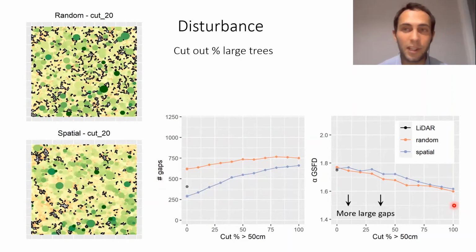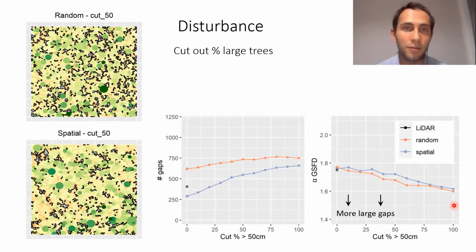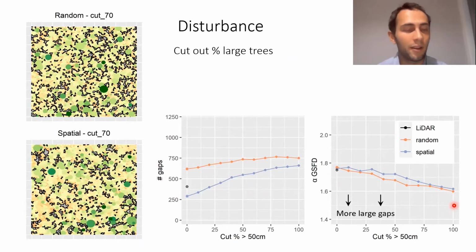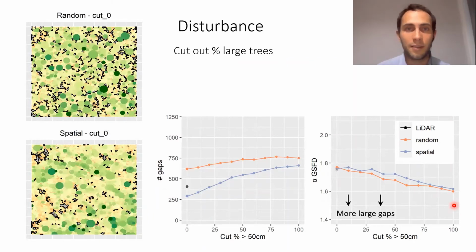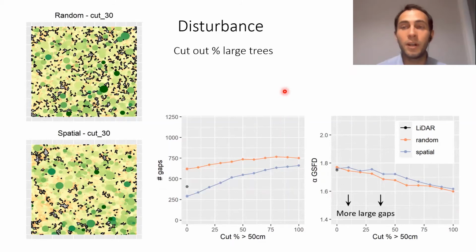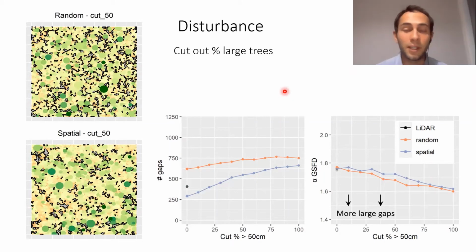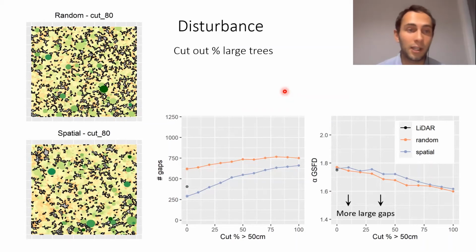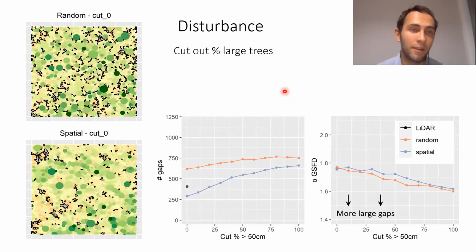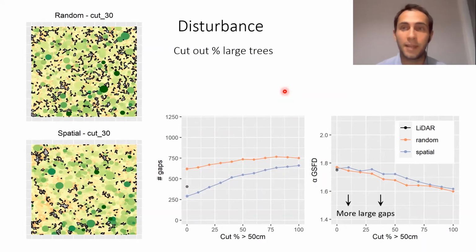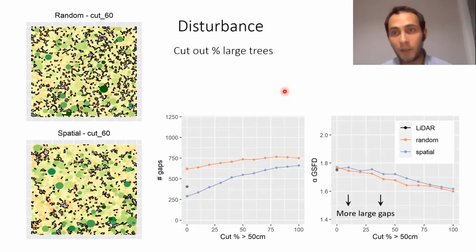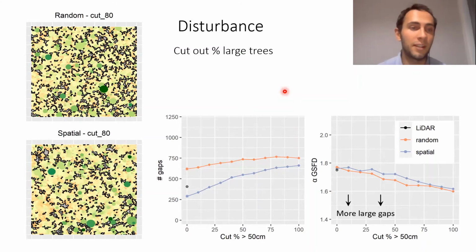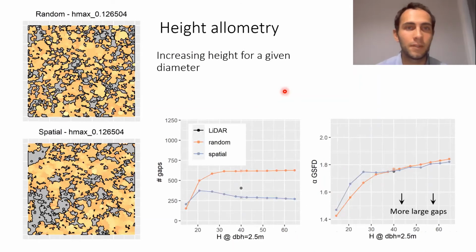So we're pretty confident this is what happens when disturbance occurs. So that's simple enough. This is useful because if you observed a forest and you calculated the alpha value and the number of gaps, and then you calculated again sometime later, you could see whether disturbance has happened or not using this pattern.